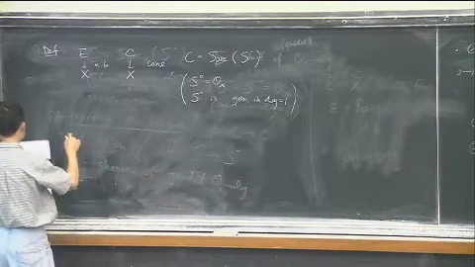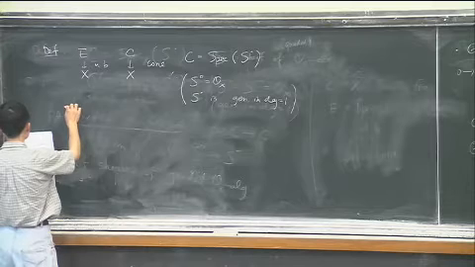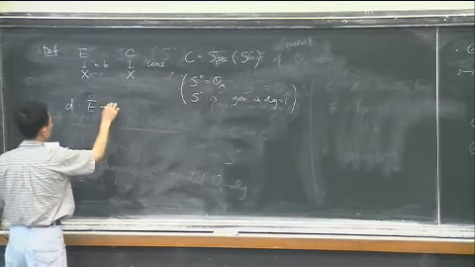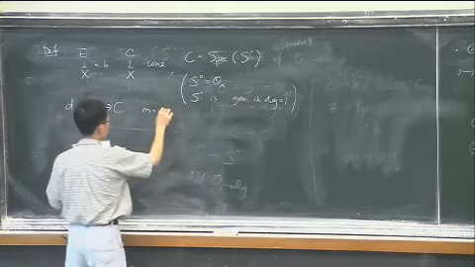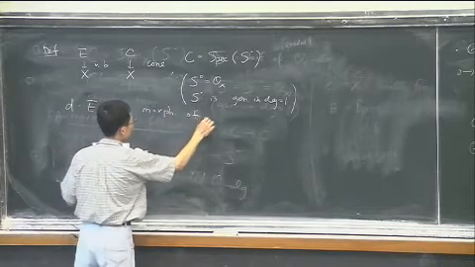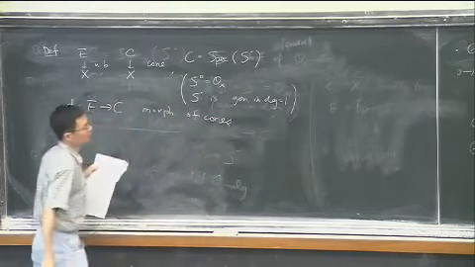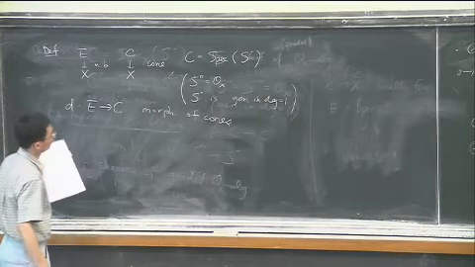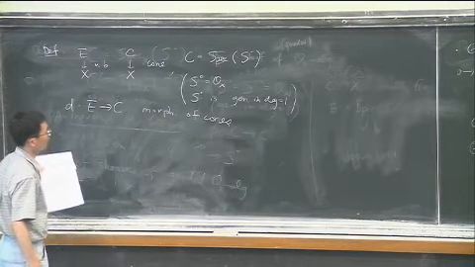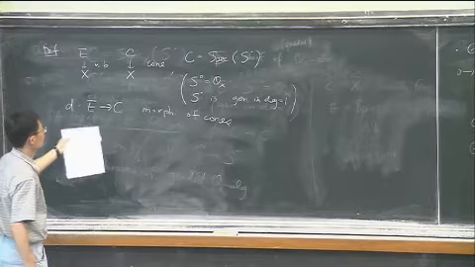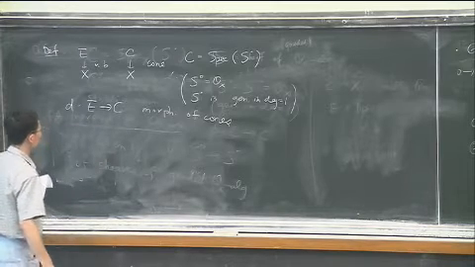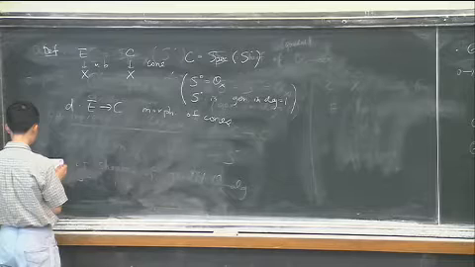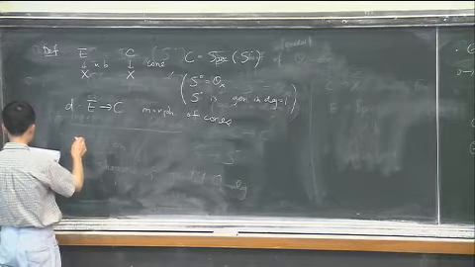And then, given a morphism of cones, E to C, which I just defined, it just means a morphism of the dual sheaves of O_X algebras, it induces a homomorphism in the dual sheaf of O_X algebras.